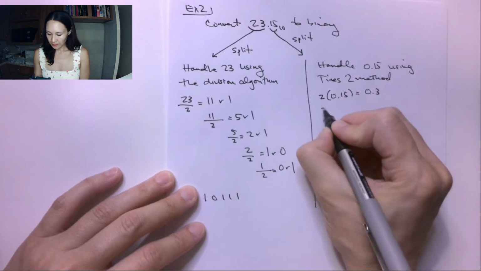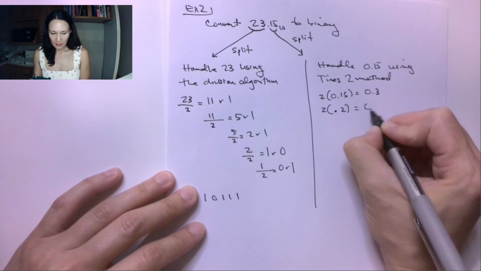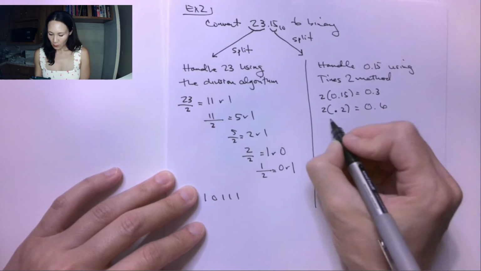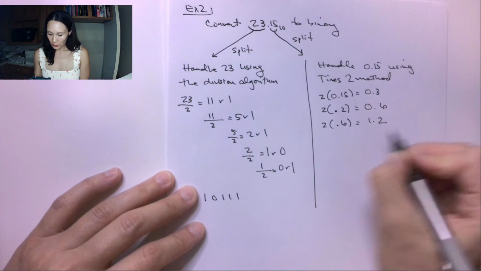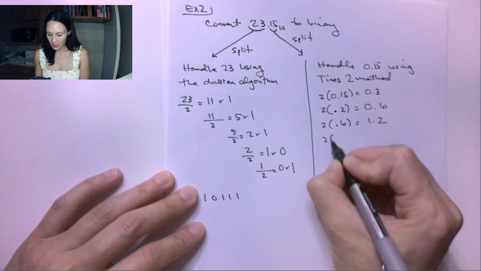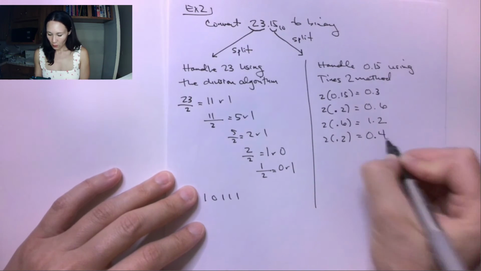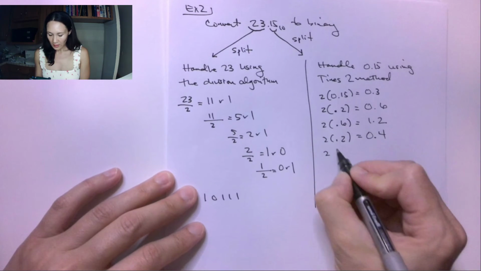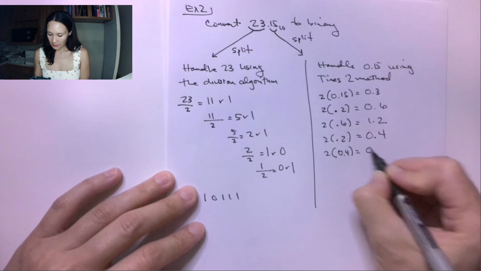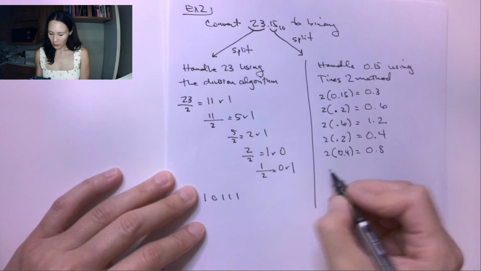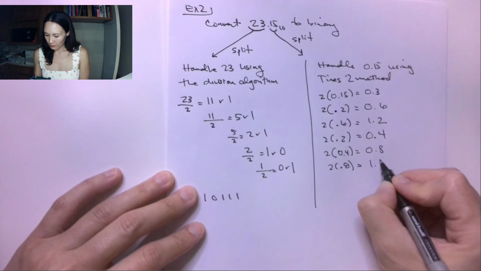I take 0.3 and multiply by 2, that gives me 0.6. I take 0.6 and multiply by 2, that gives me 1.2. I take the 0.2 and multiply by 2, that gives me 0.4. Then 0.4 times 2 gives me 0.8. I take the 0.8 and multiply by 2, and that gives me 1.6.